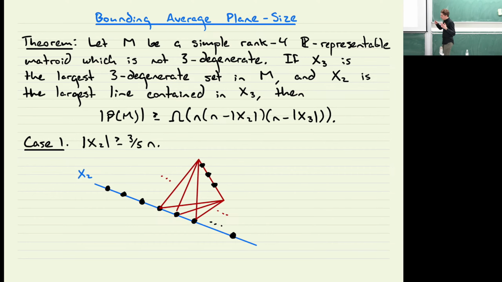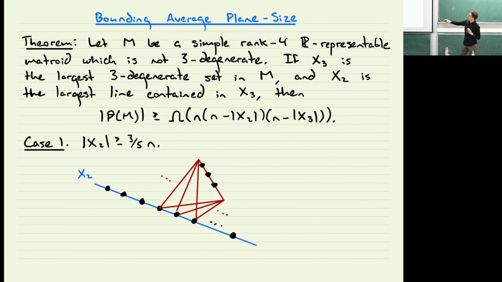And we'll do this in a similar way as before, where we're just going to count those planes. So just looking at this red line, we're only going to count the planes that consist only of the red line and one extra point taken from x2.